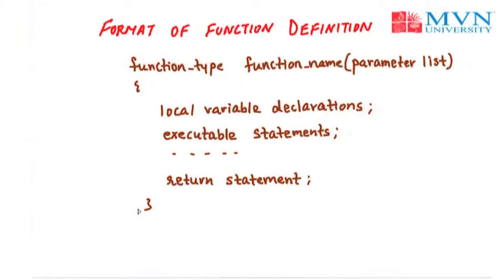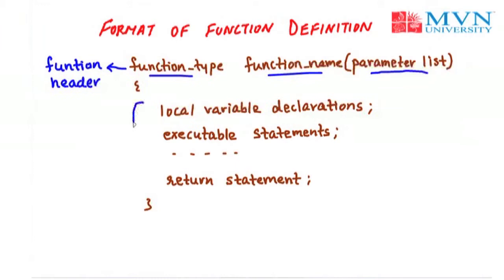So this is the format of the function definition. Here the function type, function name and the list of parameters, this first line is known as the function header, and this block is known as function body.